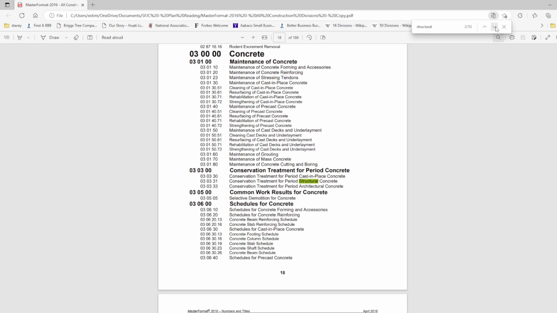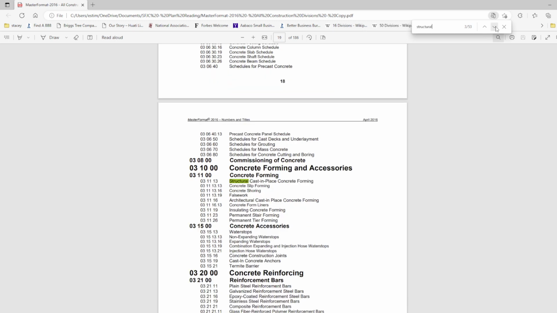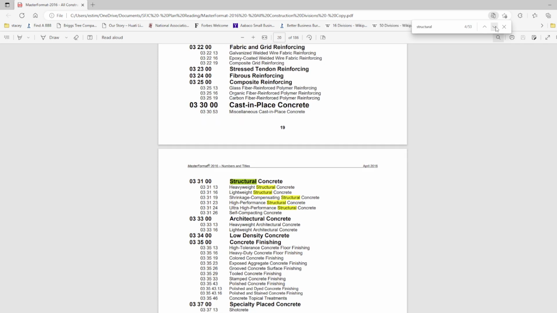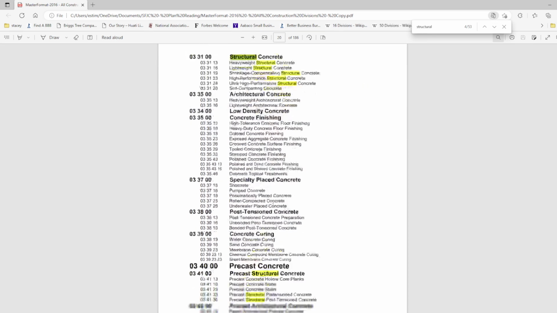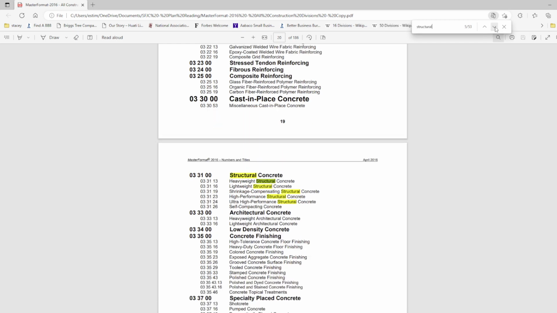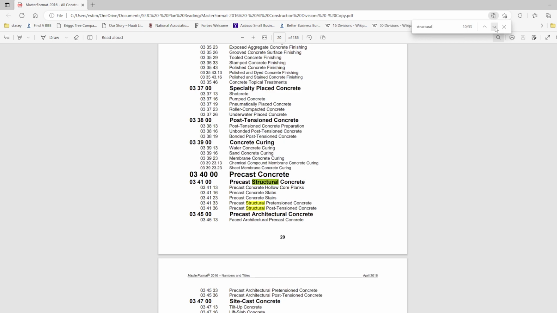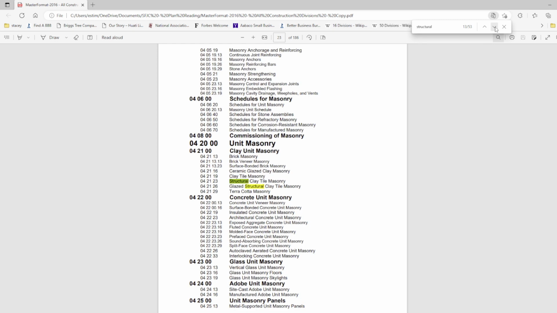So somewhere in 03, there we go, structural cast in place, concrete forming. And we're getting closer. Concrete reinforcing, I'm sure. Structural concrete, heavyweight, high performance. Precast concrete, structural concrete, structural clay tile masonry. Okay, now it took us to masonry.